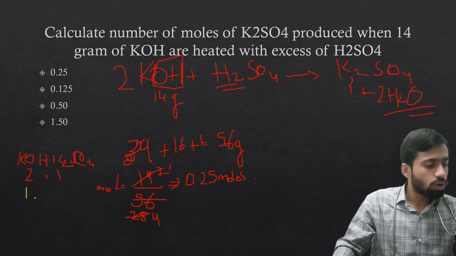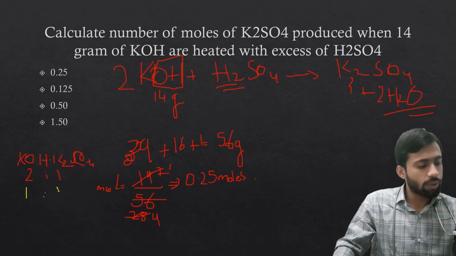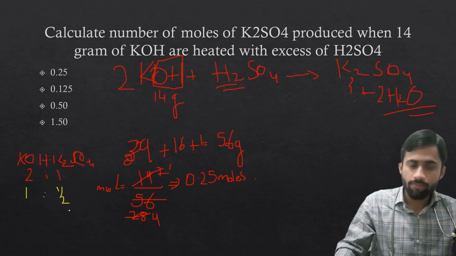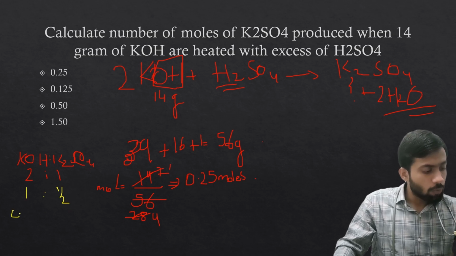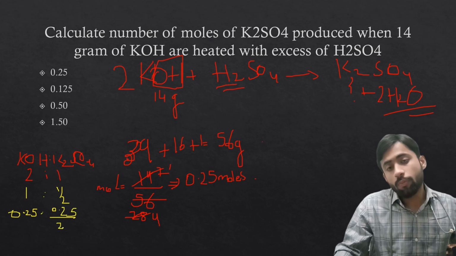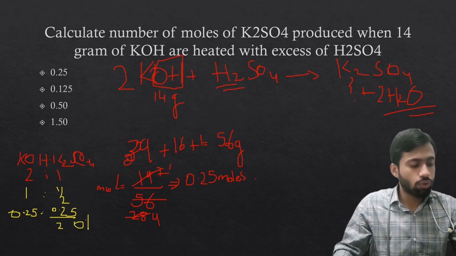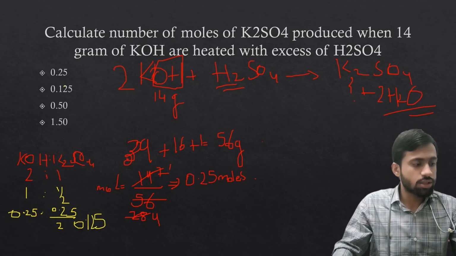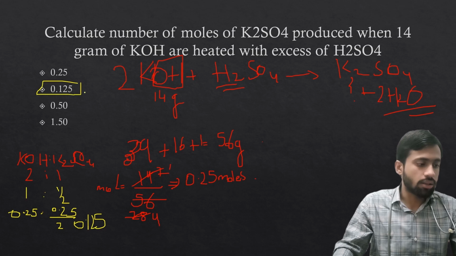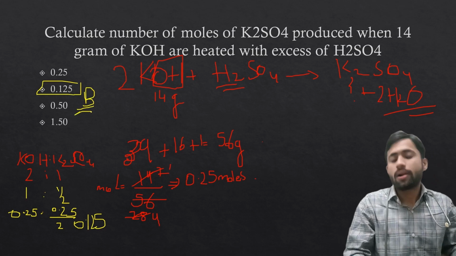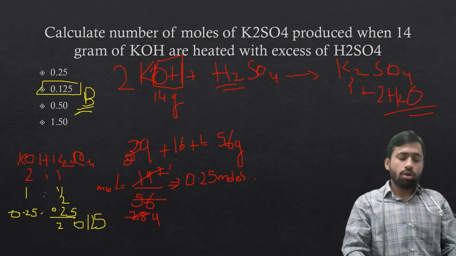So 1 mole of potassium hydroxide will form half a mole of potassium sulfate, so if we multiply 0.25 on both sides, it will form 0.25 by 2 moles of potassium sulfate. If you divide it by 2, you will get the answer 0.125. That is beta, the right answer. Okay, so let's move on.